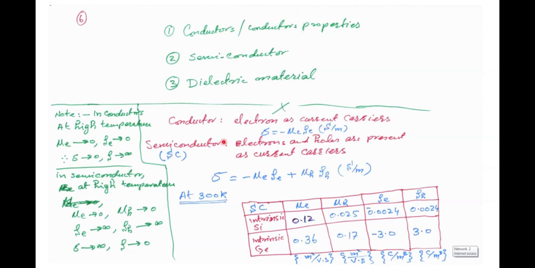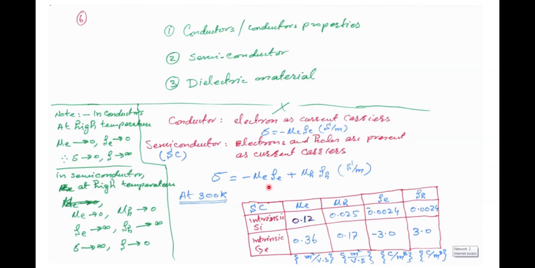In a semiconductor, the current carriers are electrons and holes, and the conductivity depends on the concentration of the two particles, that is rho e and rho h, and also depends on the mobility of the two particles, electron mobility and hole mobility.